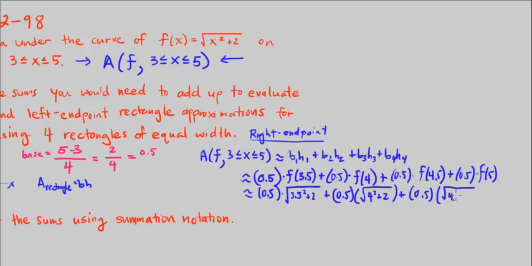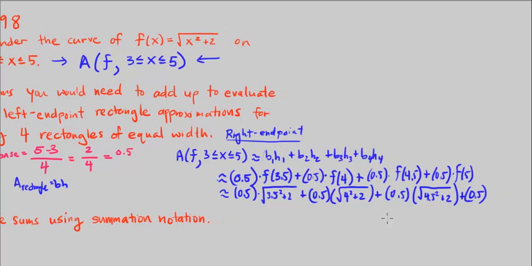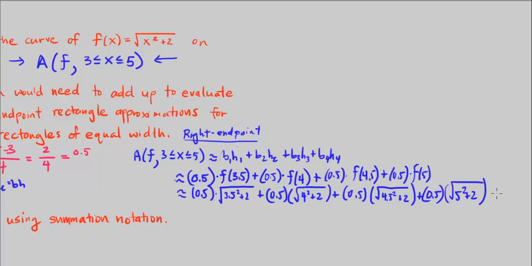So it's going to be 4.5 squared plus 2. Finally, our last one is just 0.5 times f of 5, again, we're going to plug in 5 there, so it's going to be times square root of 5 squared plus 2. Okay? And it tells us in the problem to go ahead and leave the expression in expanded form. So this is it. We're done.